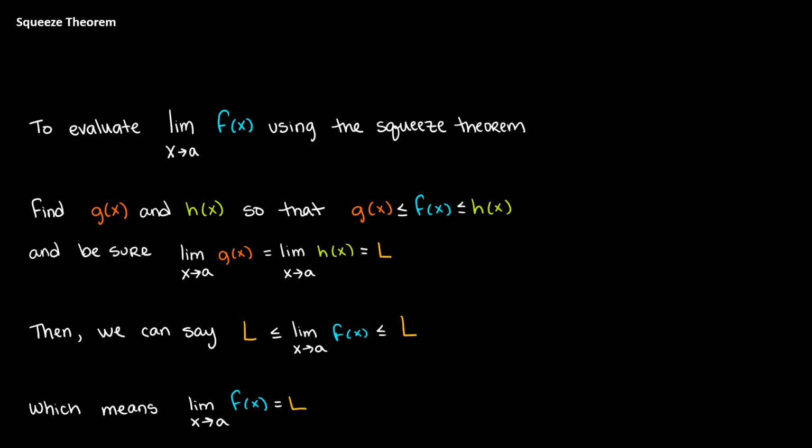If that's true, then we can rewrite our inequality so that we have numbers on the outer edges of the inequality squeezing the limit in the center between them, which means we can conclude that the inner limit has to be equal to those limits that the other two functions were equal to.